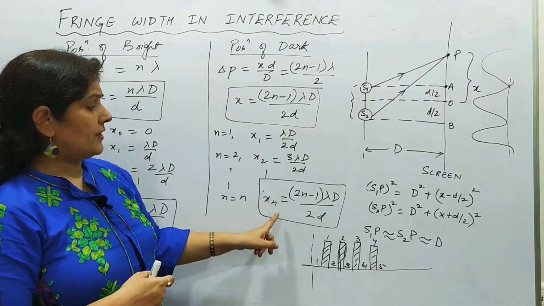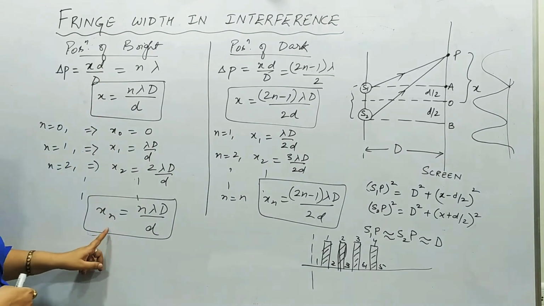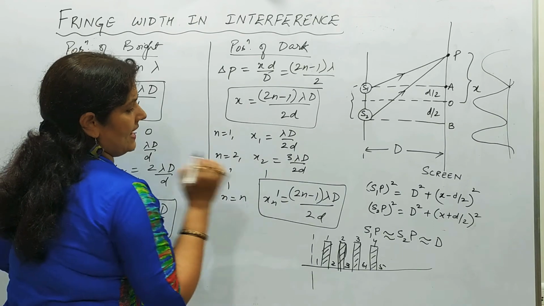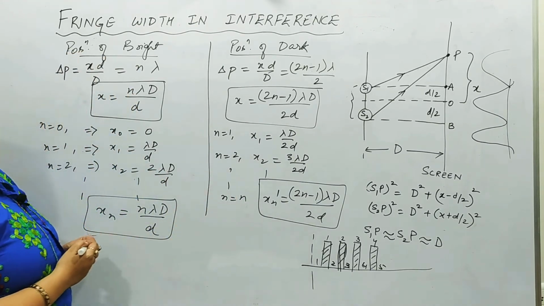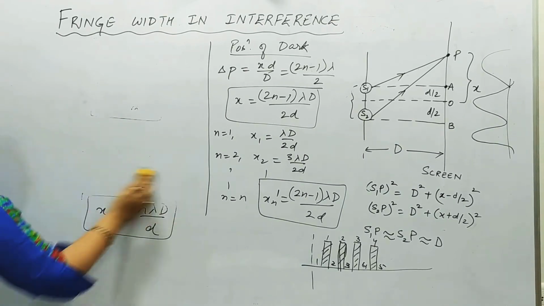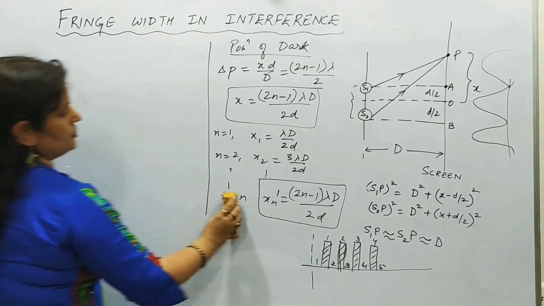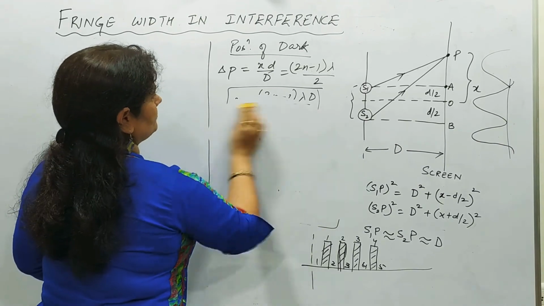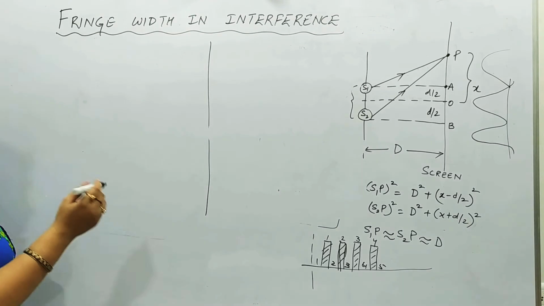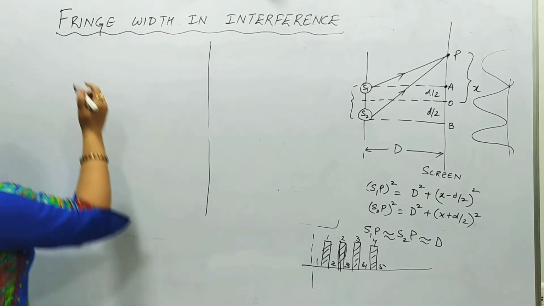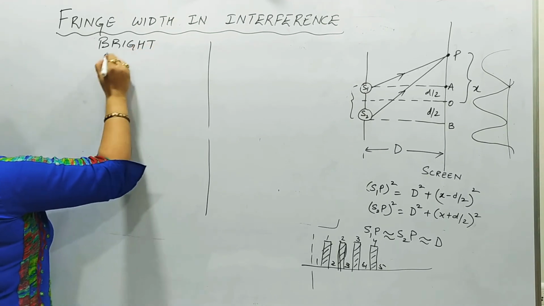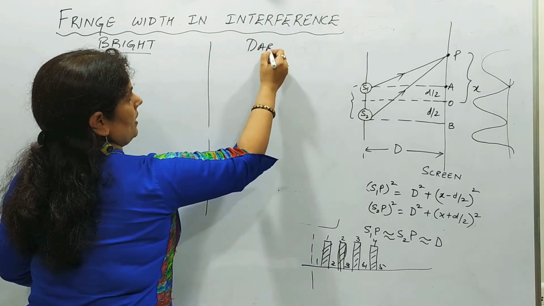So this is the position of a dark fringe, this is the position of a bright fringe. Let us say this is xn and let us say this is xn dash. Dash we are representing for a dark one, right? So now we need to find the width of the bright fringe. And this is for dark.